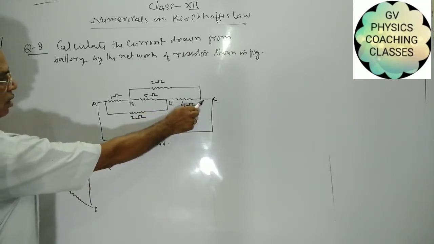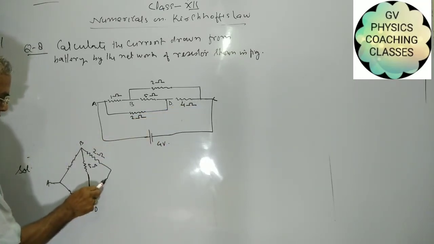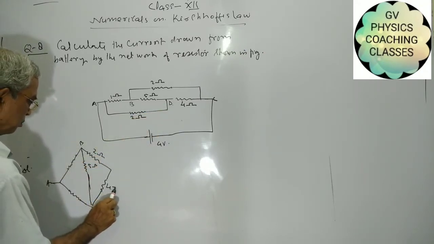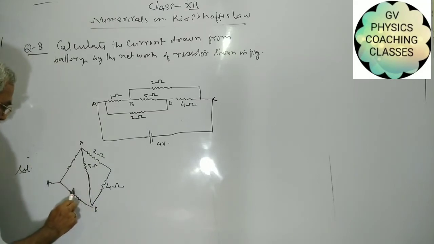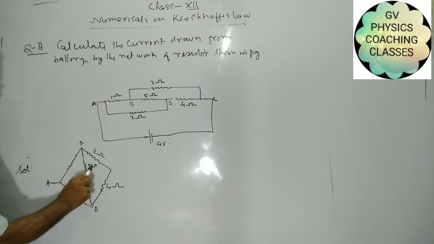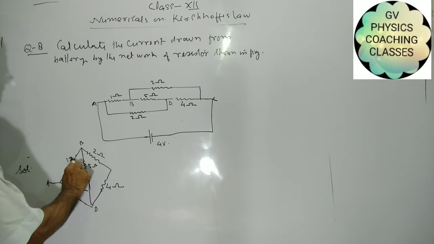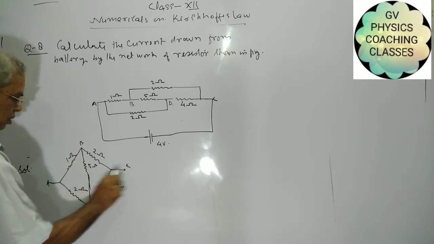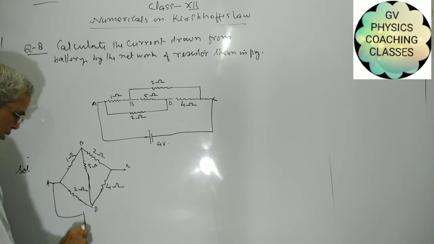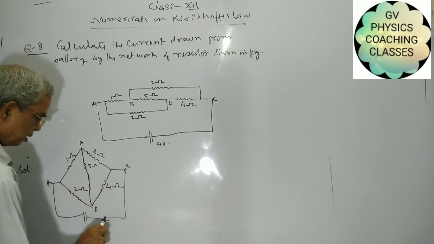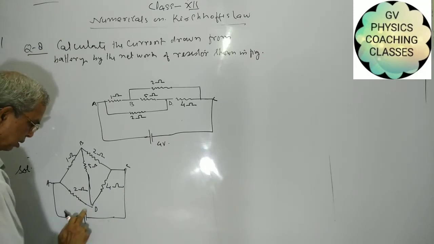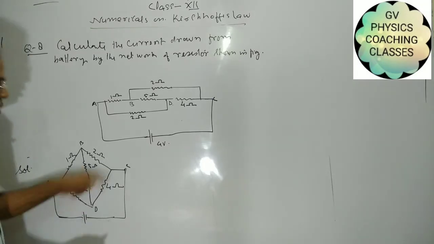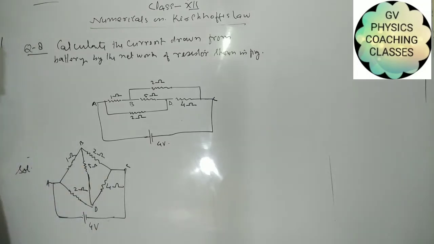And between D and C there is a resistor of 4 ohm. This is 2 ohm. This is 5 ohm. This is 1 ohm. This is point C. A battery of 4 volt is connected.